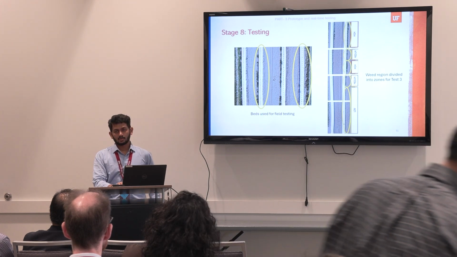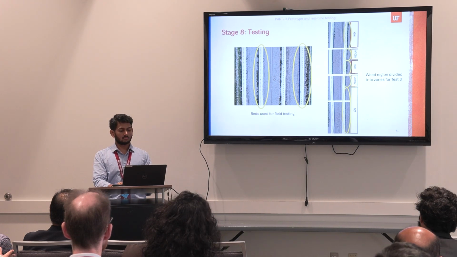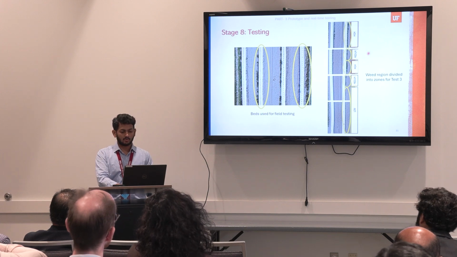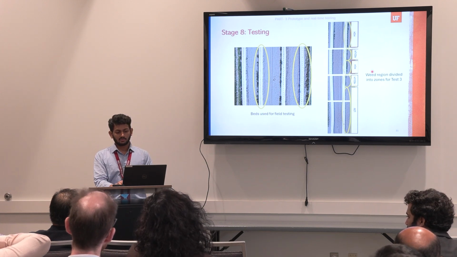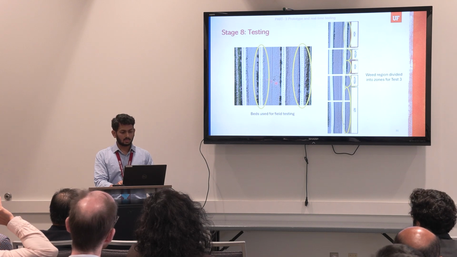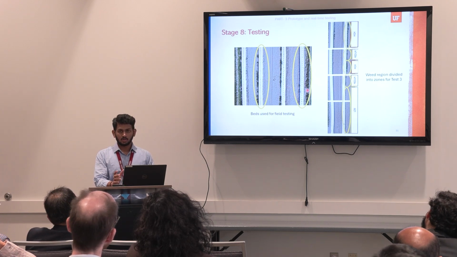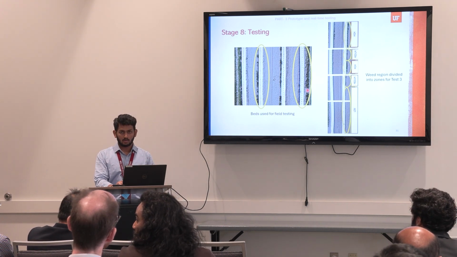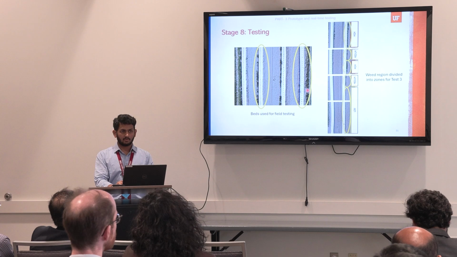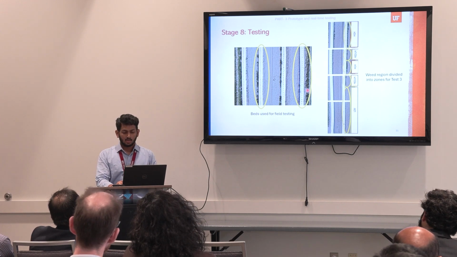For testing, we did testing on tomato beds and pepper beds. So this is test 1, test 2, and for test 3, here we tested the performance on the edge of the beds. On these 2 tests, the performance was evaluated on the top of the bed, where we count the spraying performance in terms of how many correct targets were sprayed, how many were partially sprayed, how many were missed, stuff like that.